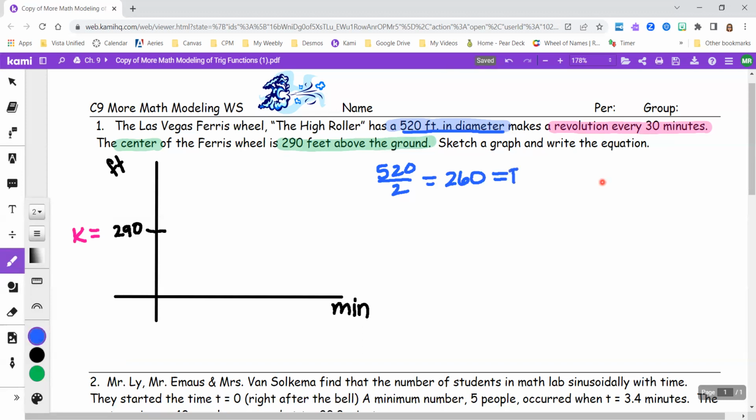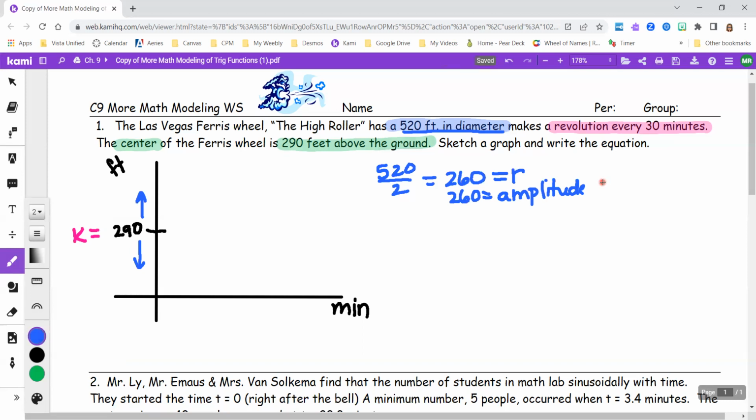So this is going to be my radius. It's also going to be my amplitude. So 260 is going to be our amplitude. I'm going to be going 260 above and 260 below.